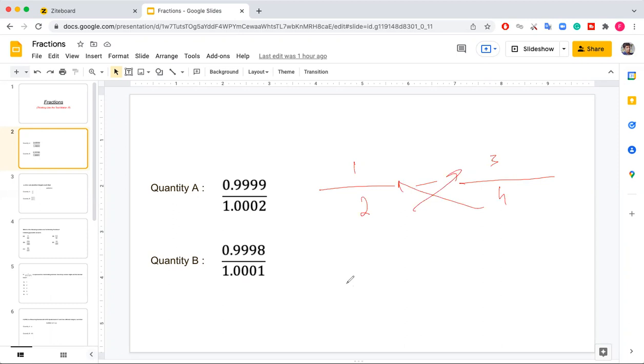But in case we are unsure, we have some variable, and the variable could be negative, could be positive. If it is positive and you cross multiply, there is no change in the sign. If this is greater, it remains greater, and if it is small, it remains small. But if the variable is negative and you cross multiply, the sign will change.